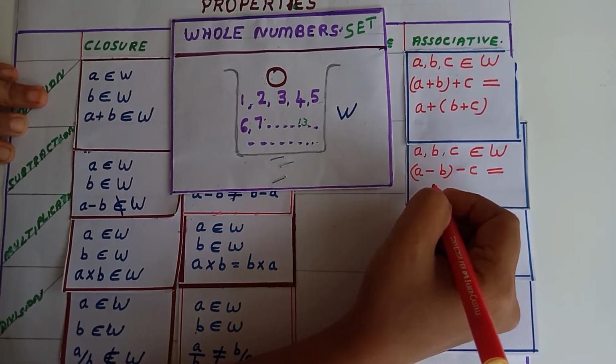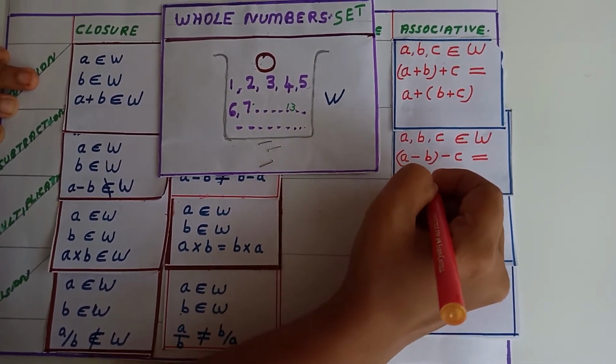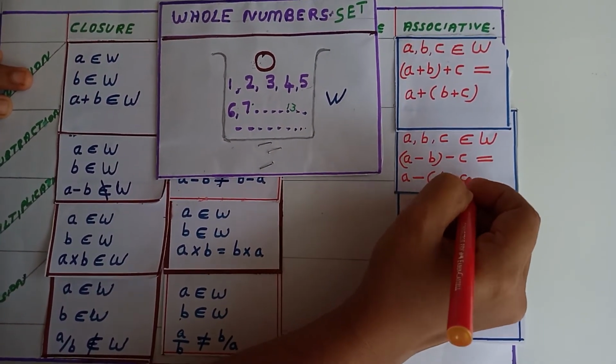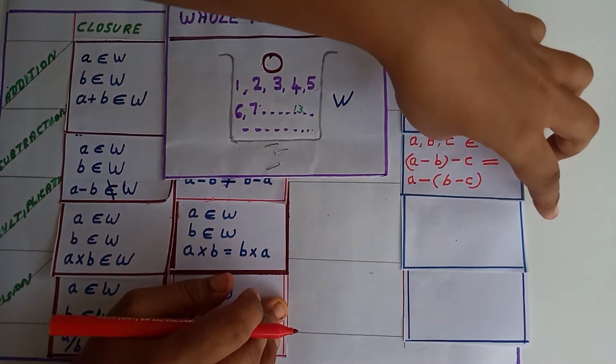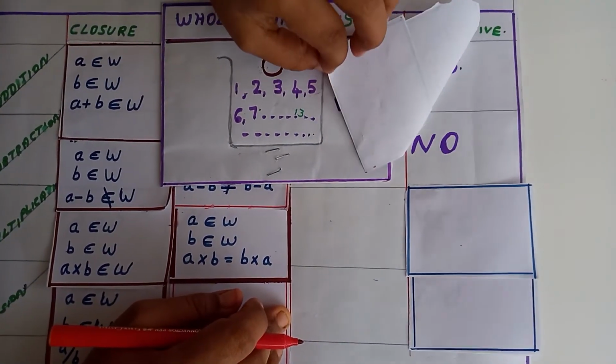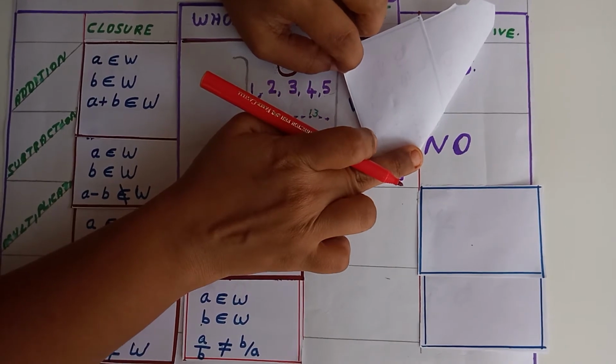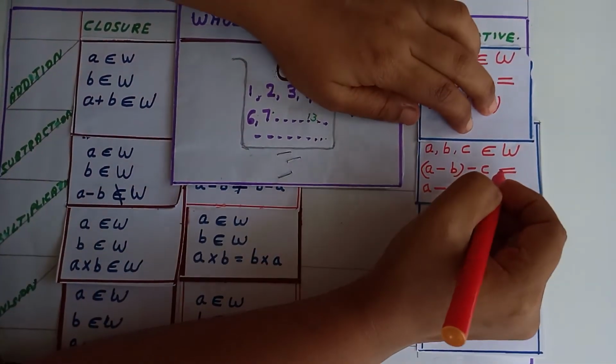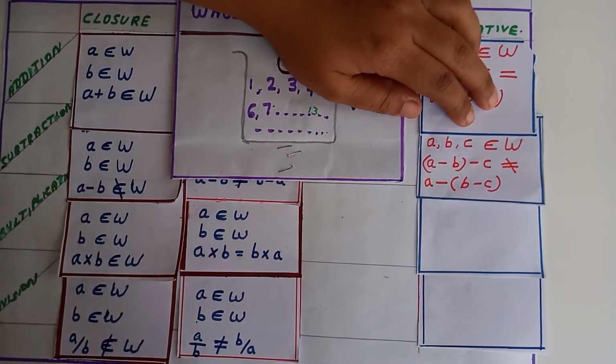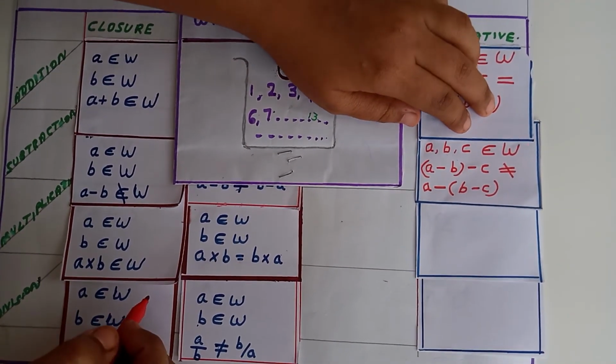After that we can check A minus B minus C. Now we are going to check, will it be equal or not equal? See, we got the answer no. That means it will not be equal always.